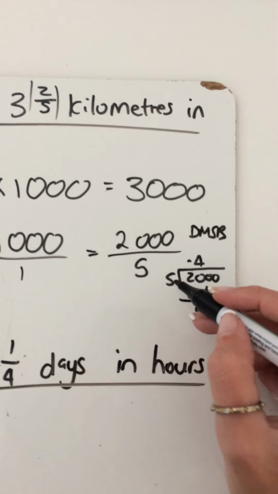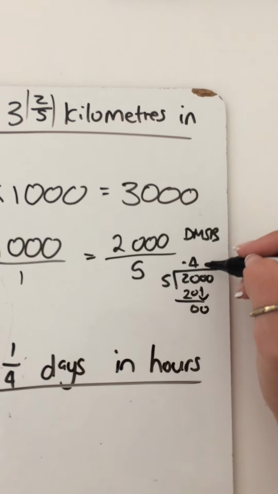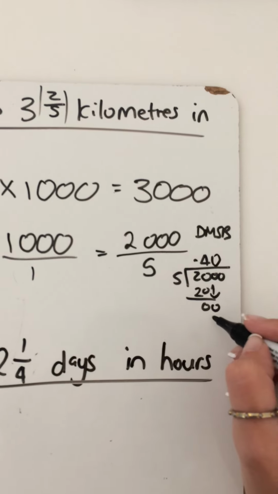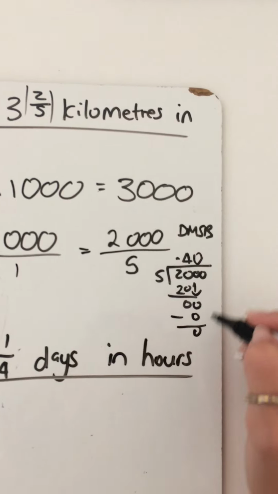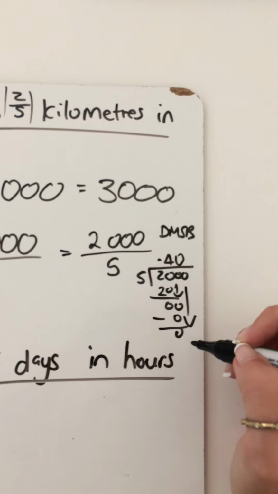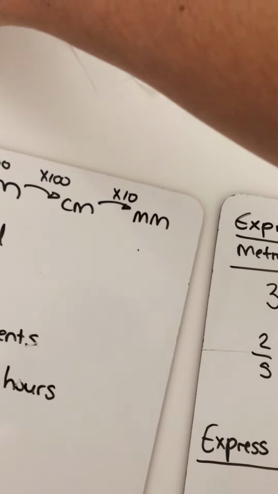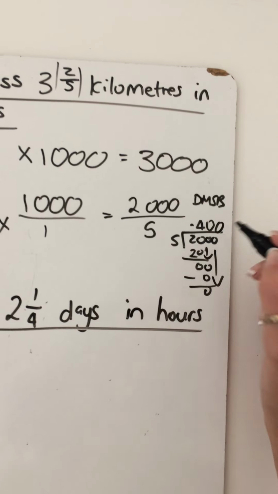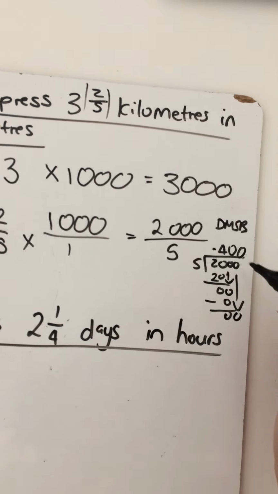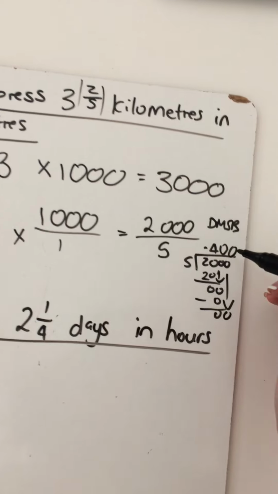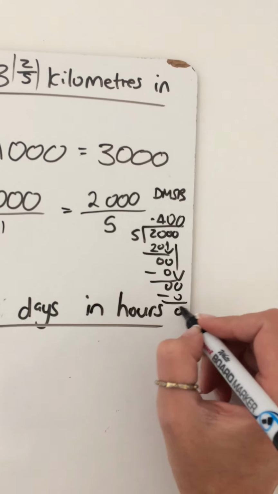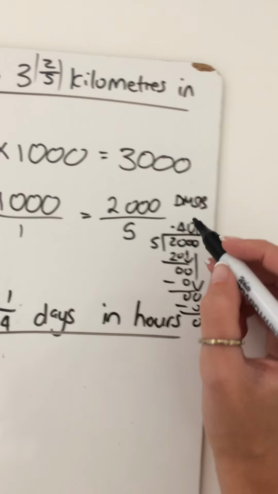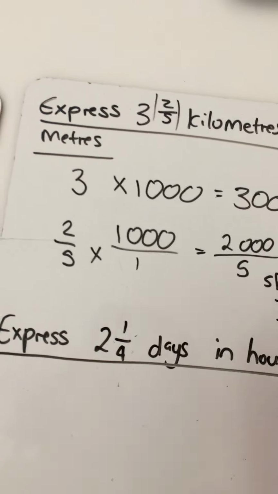Now I'm not finished. 5 into 0 goes 0 times. 0 times 5 is 0. 0 minus 0 is 0. Bring down the 0. 5 into 0 goes 0 times. 0 times 5 is 0. Drop down the 0. 5 into 0 goes 0 times. 0 times 5 is 0. Minus 0, there's nothing more to bring down, so my answer is 400.